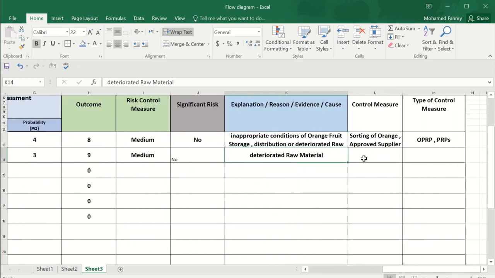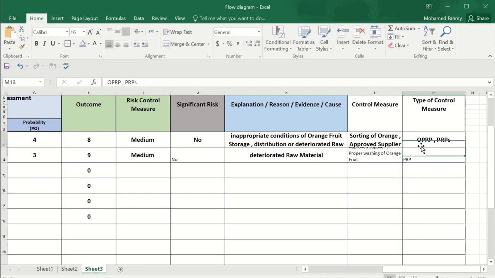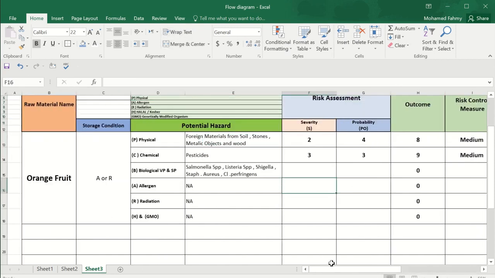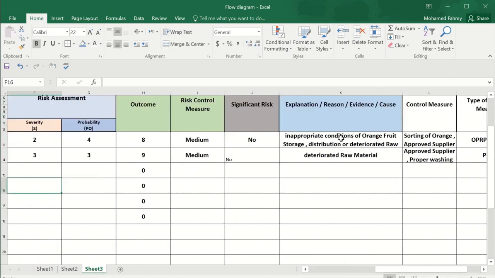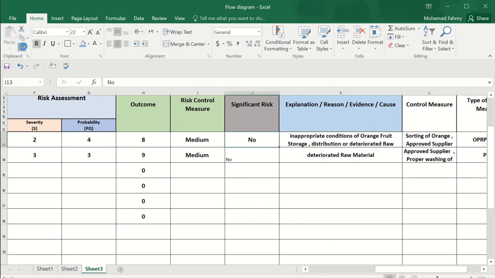The control measure is also the approved supplier and proper washing of orange fruit, and it is a PRP.